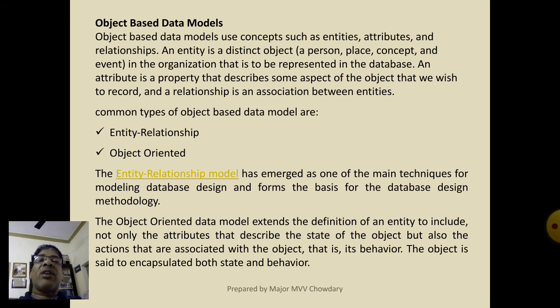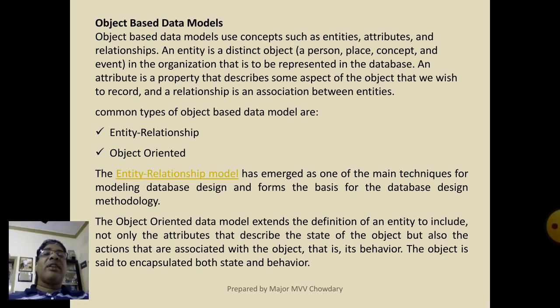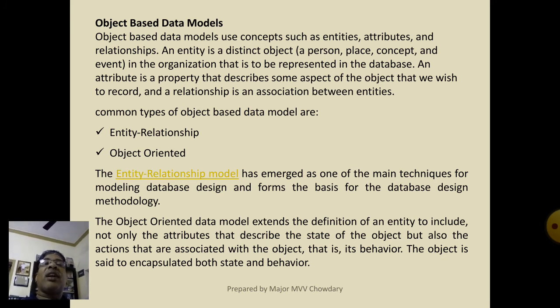Object-based data models are of two types: entity relationship and object-oriented model. The entity relationship model has emerged as one of the main techniques for modeling database design and forms the basis for the database design methodology.